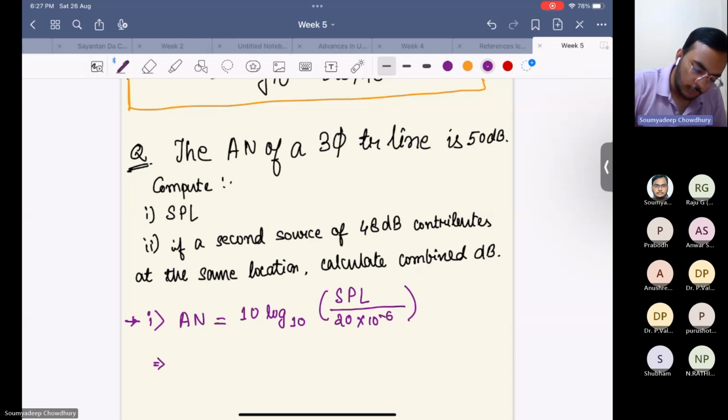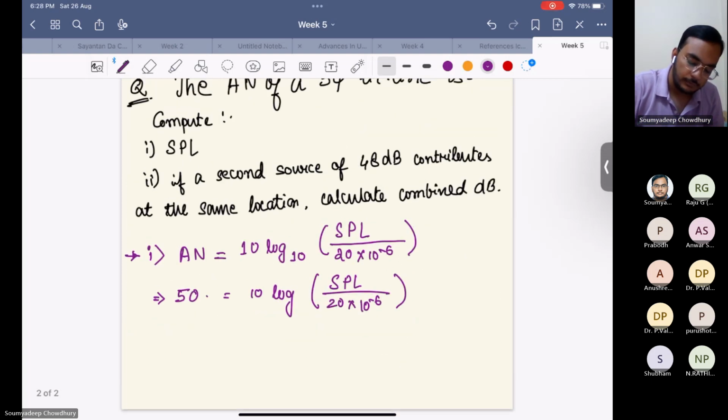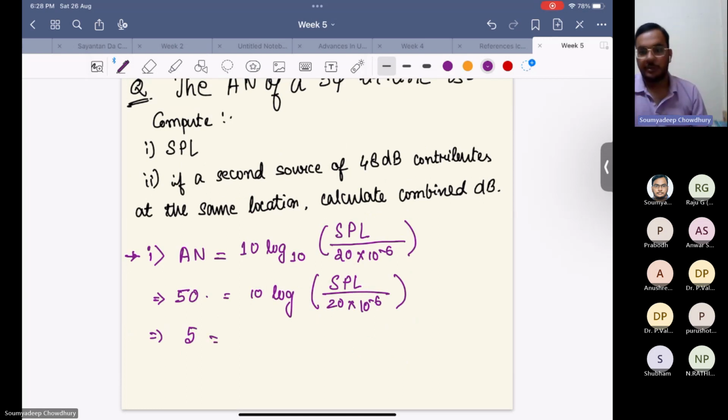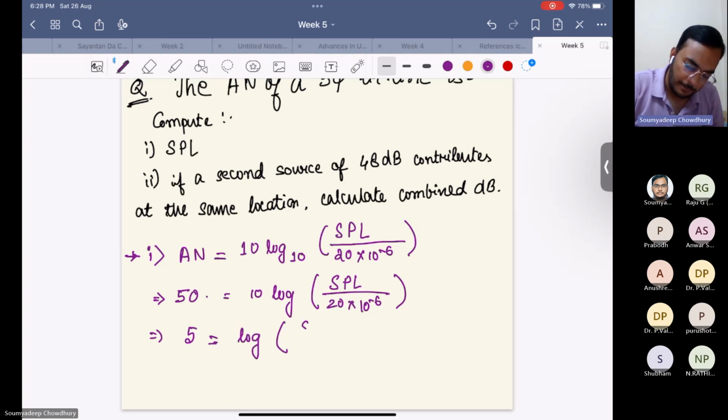So if you want to compute, audible noise is given as 50 dB, right? So it is basically 10 log of SPL by 20 into 10 to the power minus 6. So this type of questions can come in the exam also. You can start practicing.